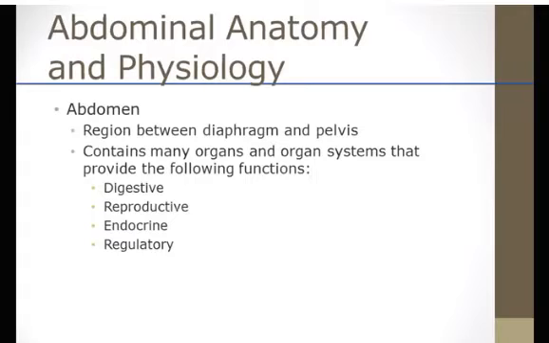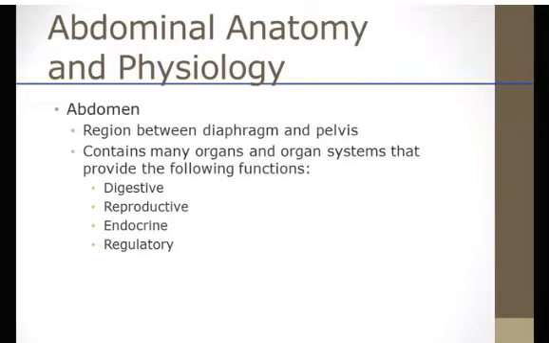So our abdomen is our region between our diaphragm, which is the top part of our abdomen just under the chest, and the pelvis, being the bottom floor of our abdominal cavity. So in that, we're going to find organs that are part of the digestive system.